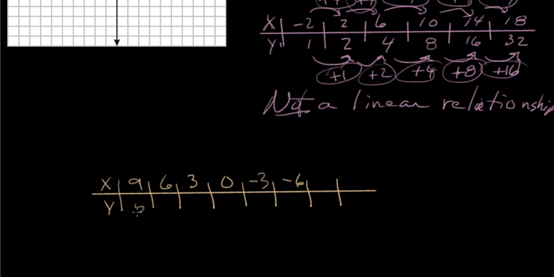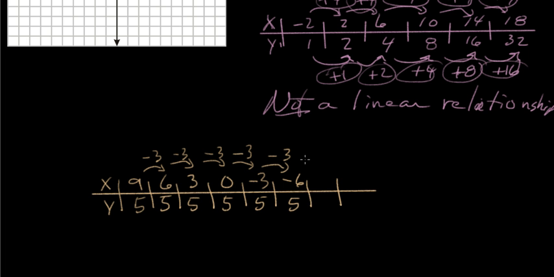So on the bottom I've got 5, 5, 5, 5, 5, 5, okay? And now this might be a little confusing because 9 to 6, you subtract 3, subtract 3. 3 to 0, you subtract 3. 0 to -3, subtract 3. -3 to -6, you subtract 3.